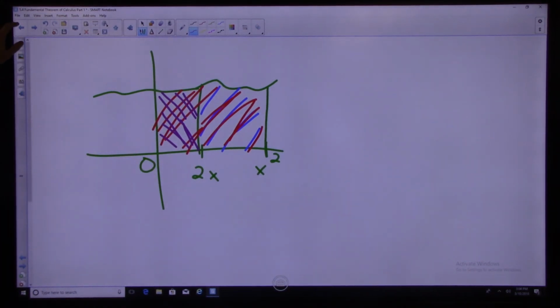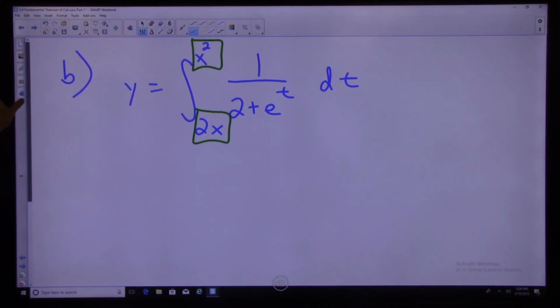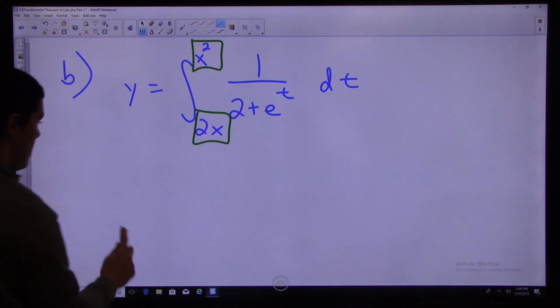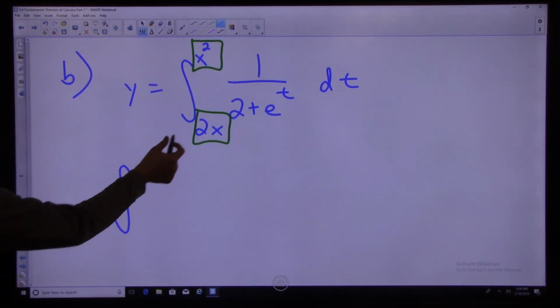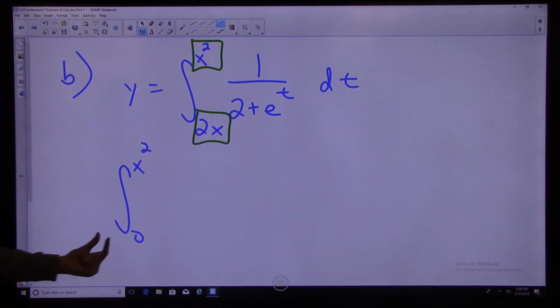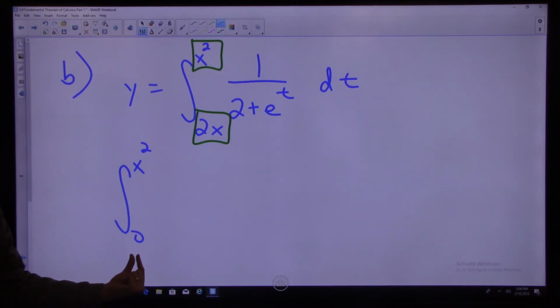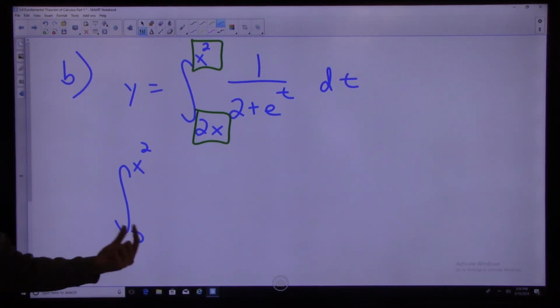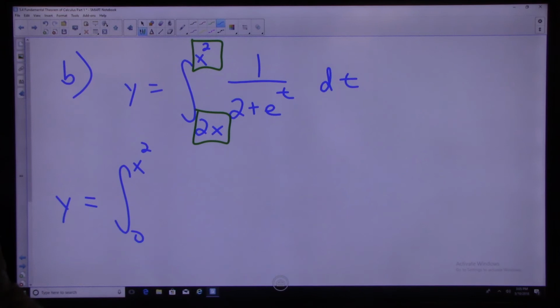So let me write this out, and then we're going to be able to use the fundamental theorem of calculus. I want to try to make this, instead of from 2x to x squared, go from 0 to x squared. Now that's a constant, isn't it? Hopefully that makes sense. That's going to help us when we apply the fundamental theorem of calculus.